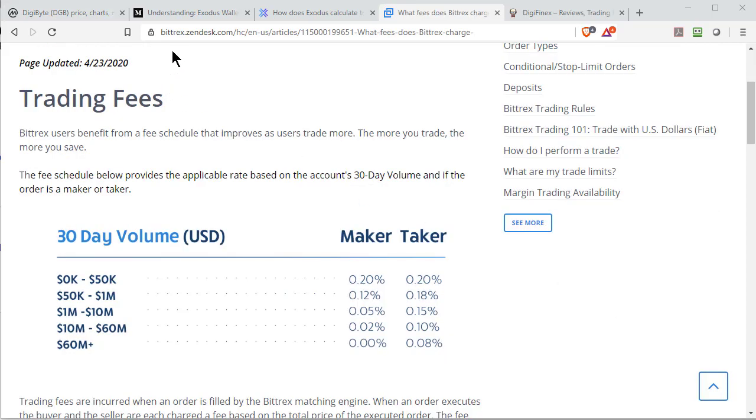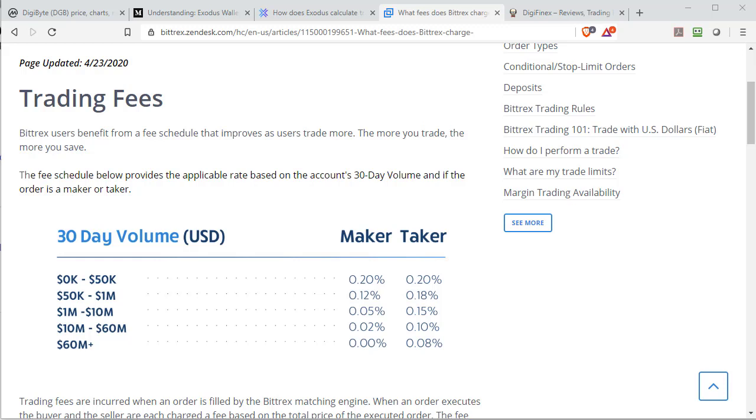So I did a Google on Bittrex, and when I first saw this, I thought their fee was 20%, but it's actually 0.20%. In other words, about 1/5 of 1%. If you're in the range of $0 to 50,000, which if I sell $1,000 worth, that's what their fee would be.